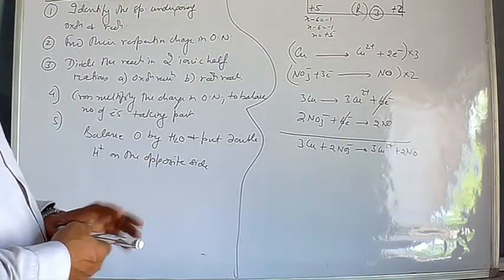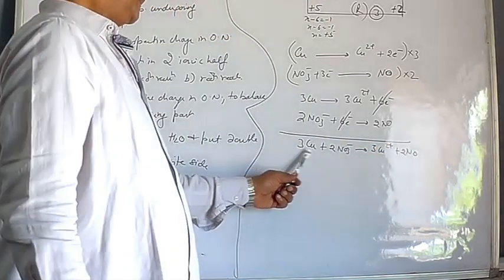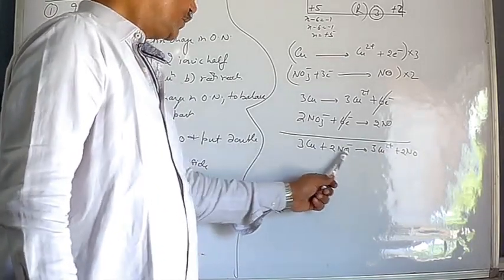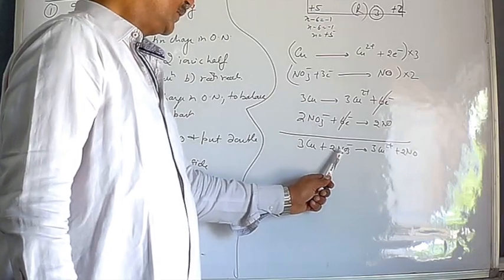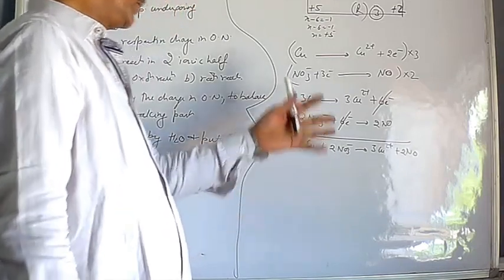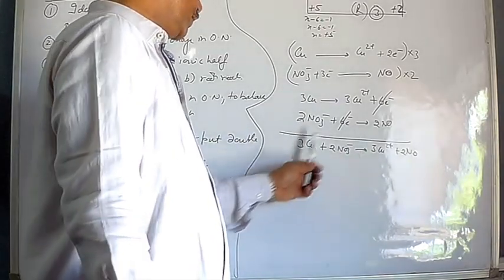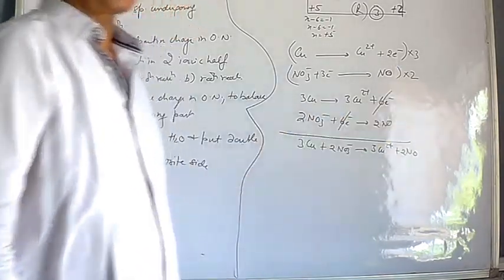See how? 3 copper, 2 nitrogen, 6 oxygen. But oxygen remains unbalanced because oxygen was not taking part in oxidation reduction. So oxidant and reductant are balanced: 3 copper, 2 nitrogen, 2 nitrogen.